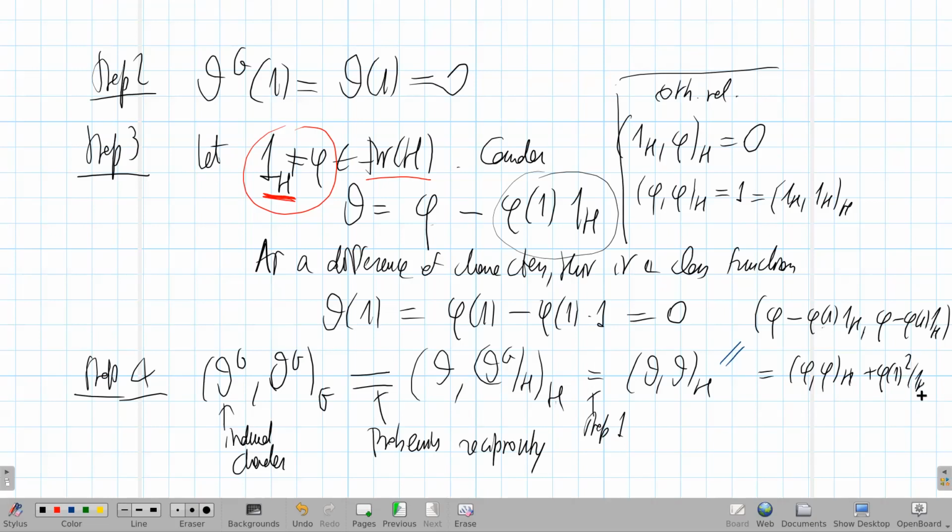What we obtain is 1 plus phi 1 squared. We have just used the orthogonality relations on H. So the inner product of theta with itself is 1 plus phi 1 squared.